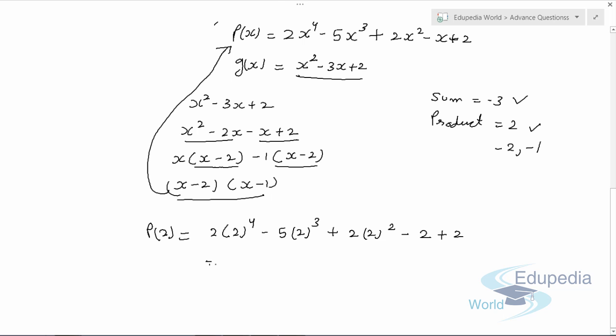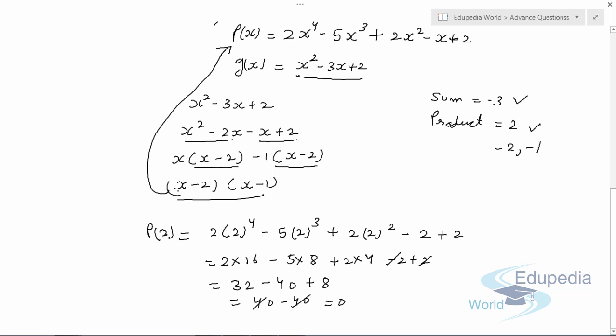So what we'll get is 2 into 16 minus 5 into 8 plus 2 into 4 minus 2 plus 2. The minus 2 and plus 2 get cancelled out. So we get 32 minus 40 plus 8. The answer is 40 minus 40, which equals 0. So we're getting zero. This means this is also a factor of this polynomial.